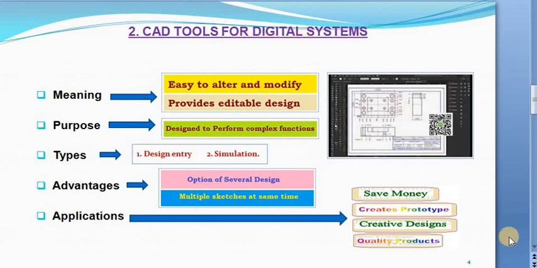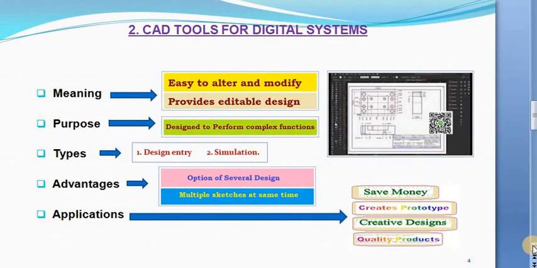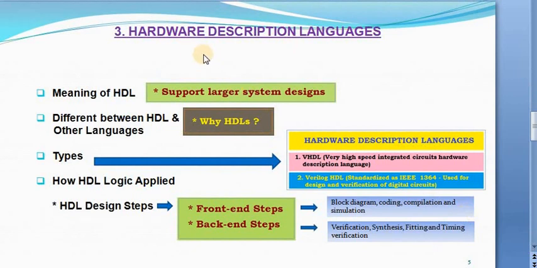Now let's move to the next slide for the study of hardware description languages. So what is the meaning of hardware description language, or HDL? And what is the difference between HDL and other languages? Let's discuss these two. The HDL stands for hardware description language. Its definition says that HDL is a language that describes the hardware of digital systems in a textual form.